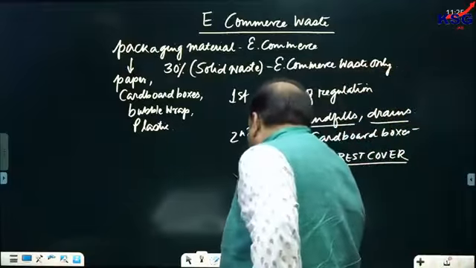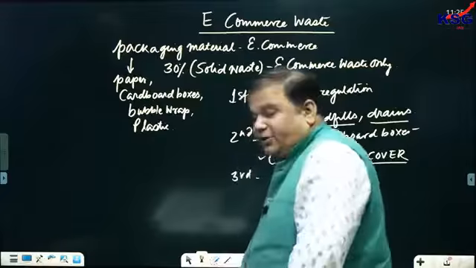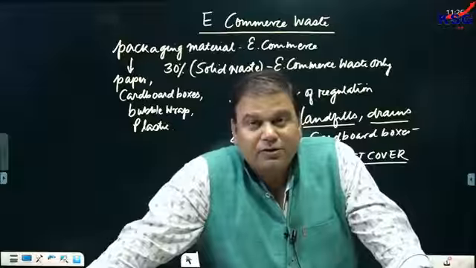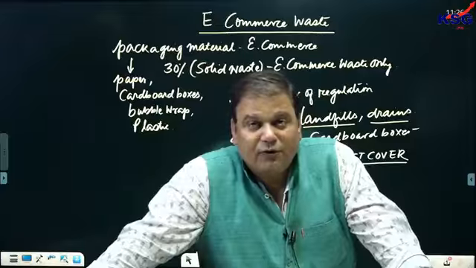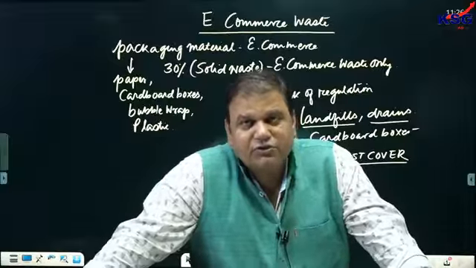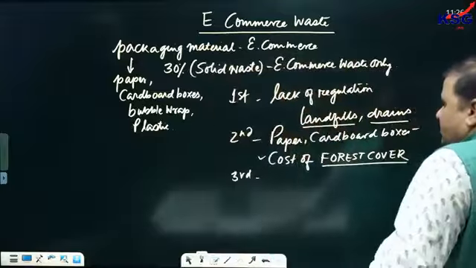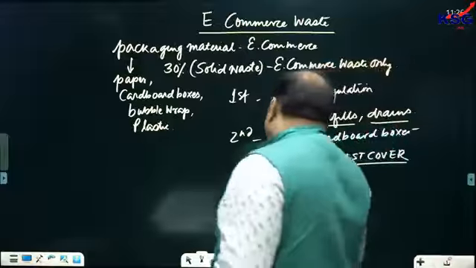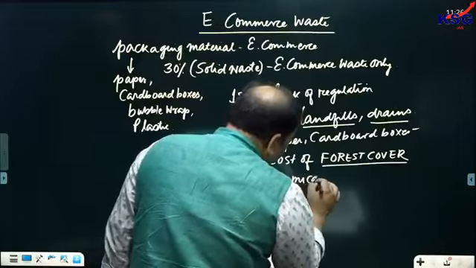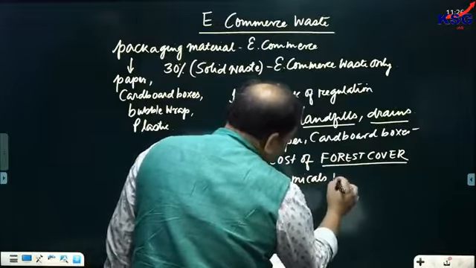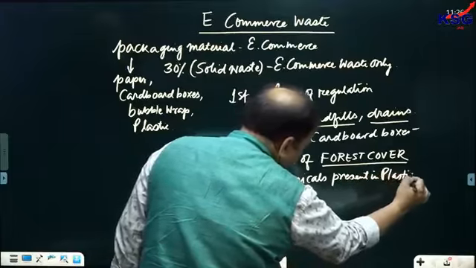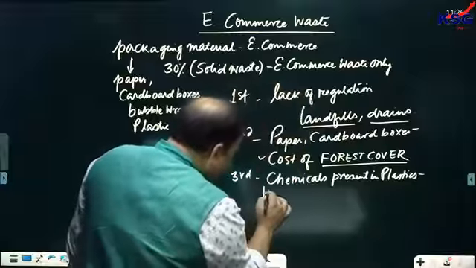And the third concern related to this is what? As far as e-commerce waste is concerned, plastic is an important constituent. So we can see a number of chemicals are present in plastic. Write down: since plastic is an important constituent, the chemicals present in plastic are health hazards.